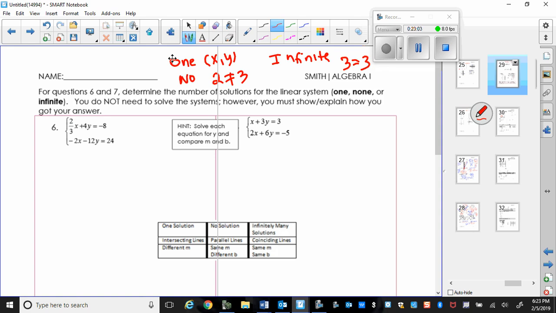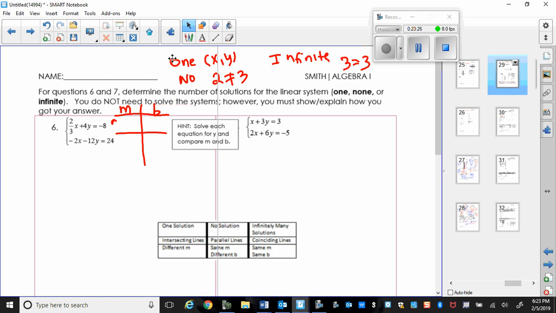That's one method I was talking about. But what we're going to do, it says hence solve each equation for y and compare m and b. So we want to know what m is for this first equation. So we're going to create a little table here. What's m? What's b? M and b for each equation.